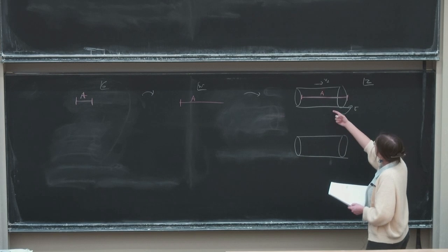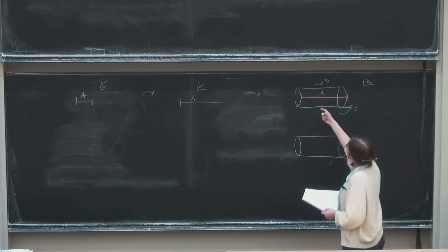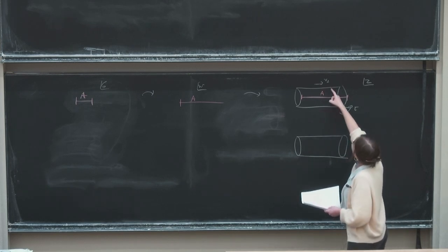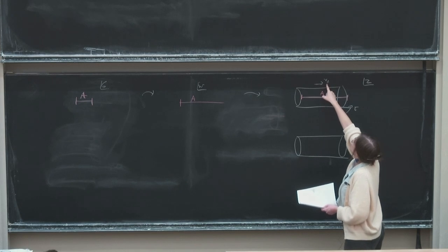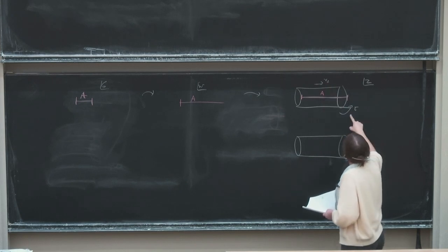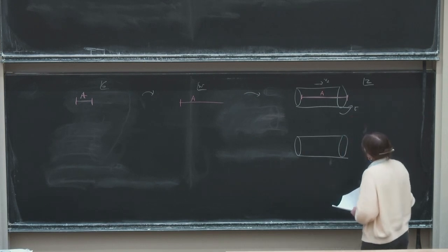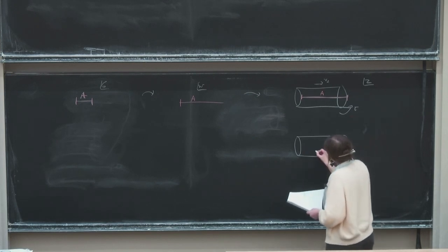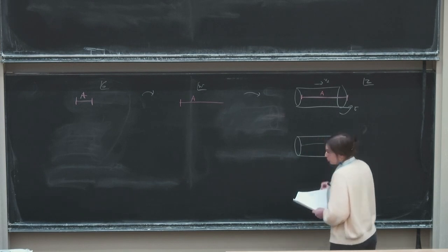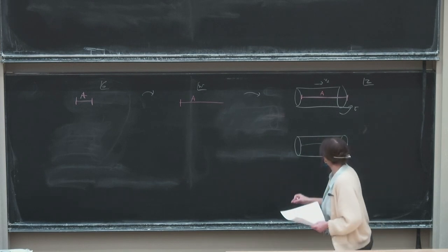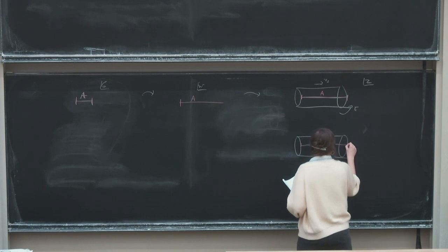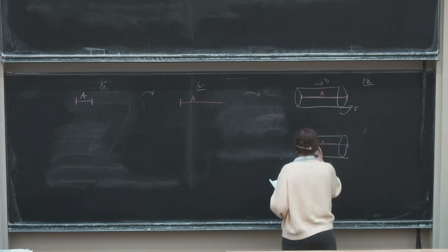So if this is a thermal CFT geometry spanned by the spatial direction of the cylinder and a periodic Euclidean time direction tau, then we had this picture on the board before where this is A on the back.